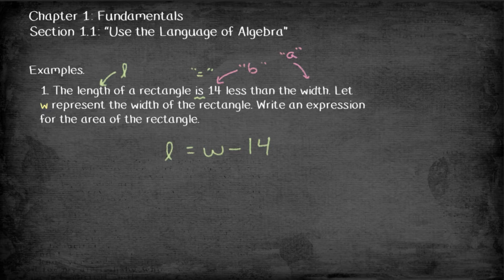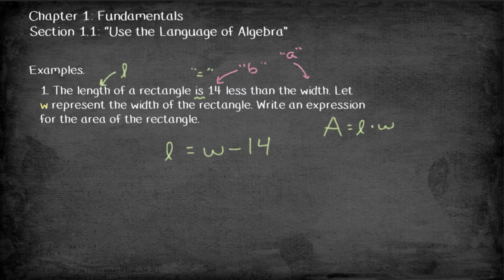But if you continue reading, that's not the question we were asked to answer. We were asked to write an expression for the area of the rectangle. It has maybe been a while, but the area of a rectangle is always the length times the width.